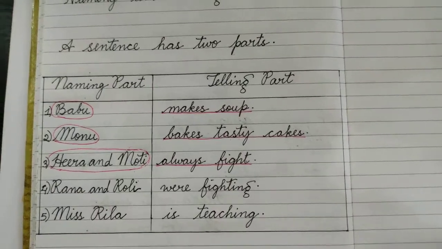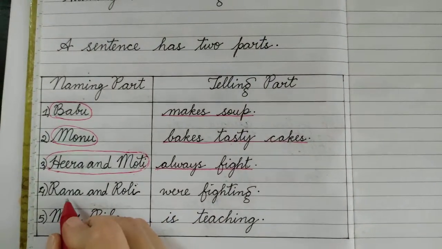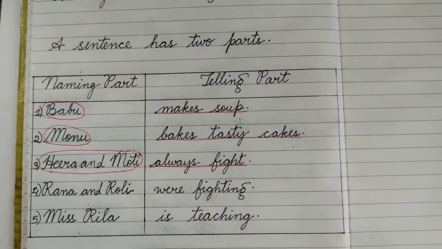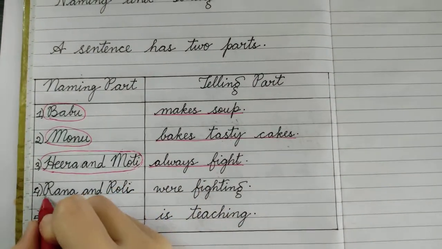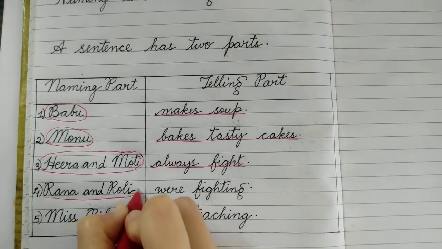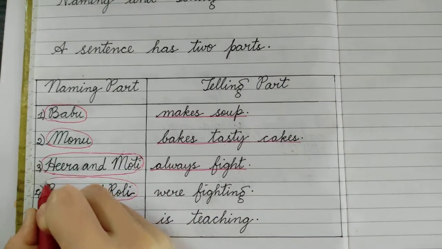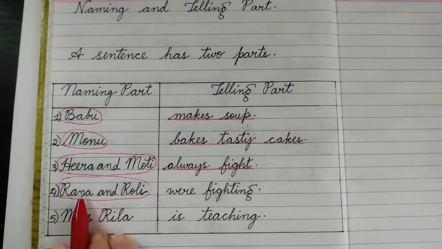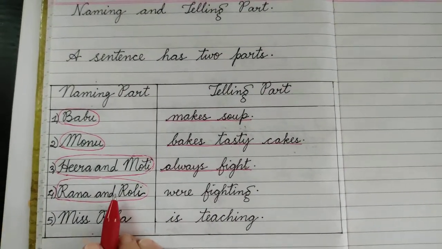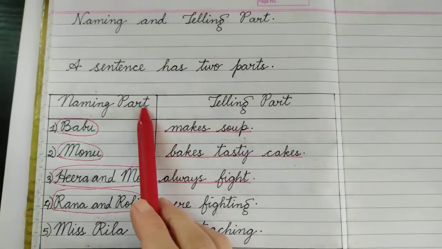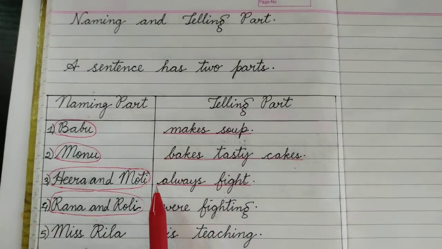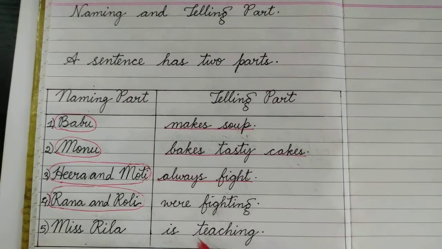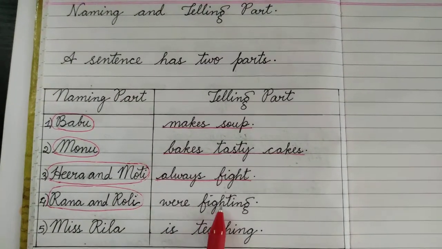And the next one here we have Rana and Roli. Look, Rana and Roli. So we will circle this again. This is the naming part because it is the name of those two rabbits in the story A Piece of Cake. That's why we are keeping it here in the naming part. Now let us tell about Rana and Roli. Rana and Roli were fighting.